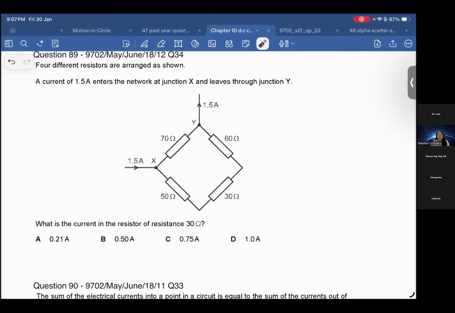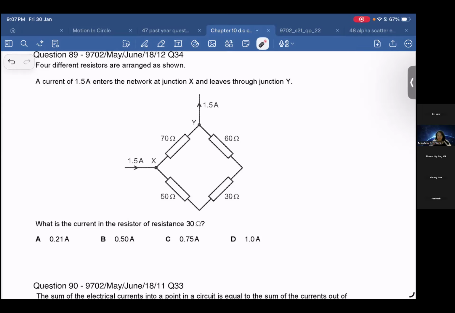Many ways to solve, many ways to solve. Chonghan, yes, correct.